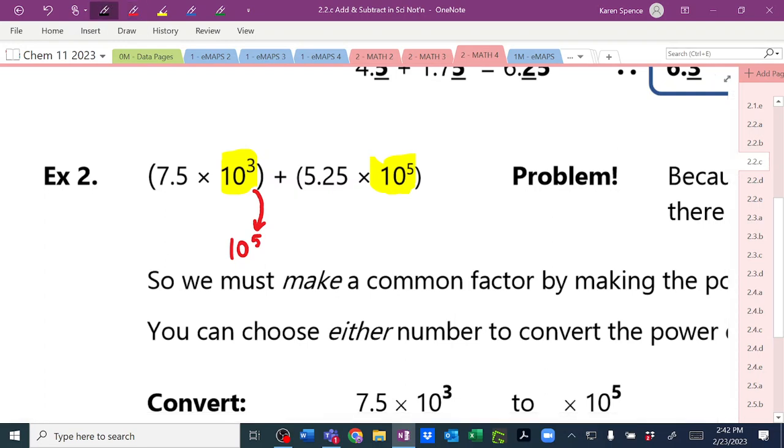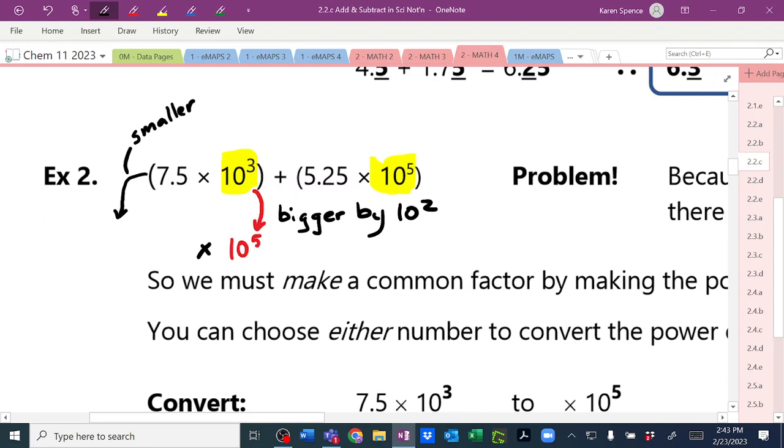That power of 10, did it get bigger or smaller? It got bigger. And it got bigger by how many powers of 10? 2, by 10 to the 2. So that means when I write that first part of the number, the 7.5 has to get smaller by 10 to the 2, which means now I'm moving my decimal place to make that number smaller.